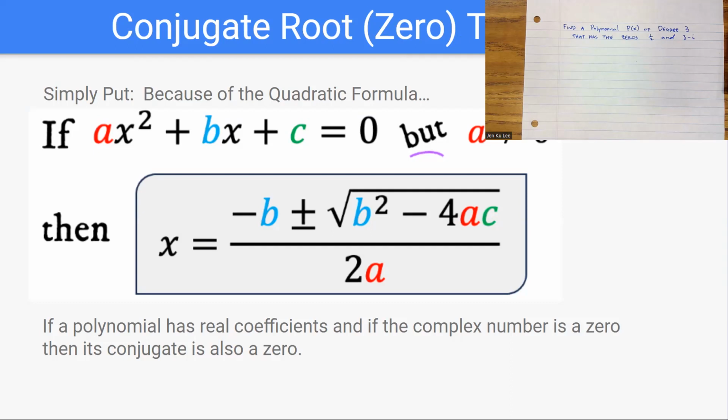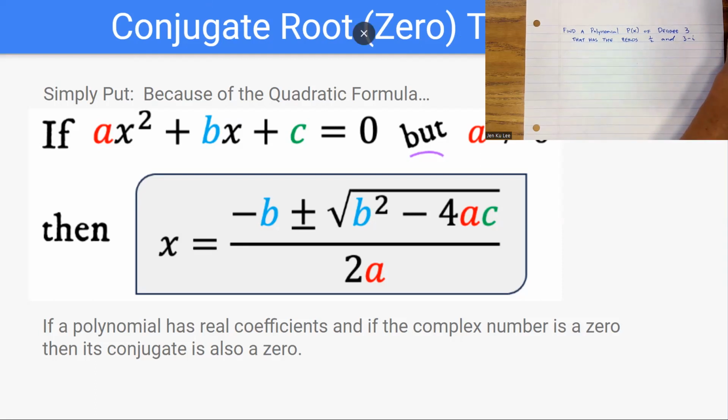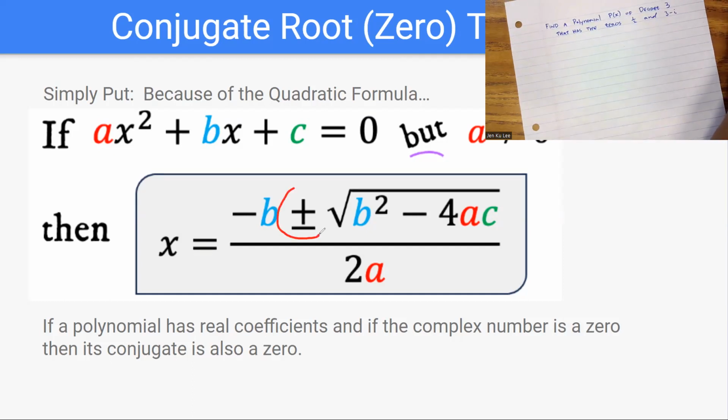So what the conjugate root theorem says is, if I know for a fact that a complex number is a root, then that complex number's conjugate will also be a root. And it's because of this plus or minus.